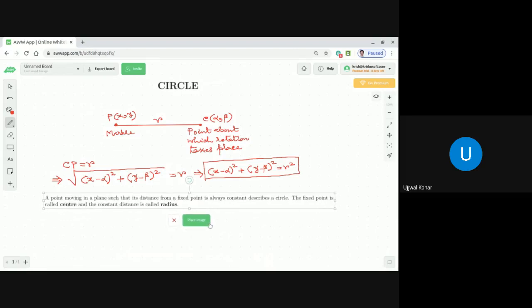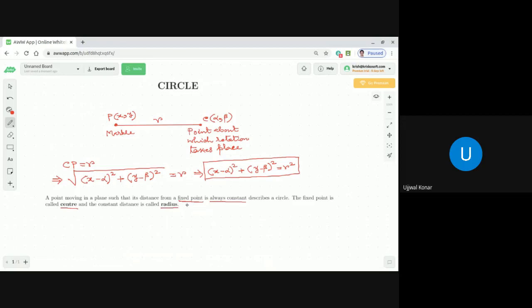The fixed point is called the center of the circle and the fixed distance is called the radius of the circle.